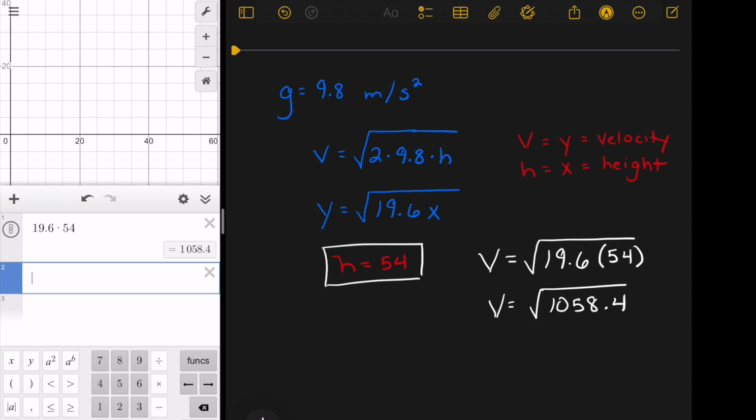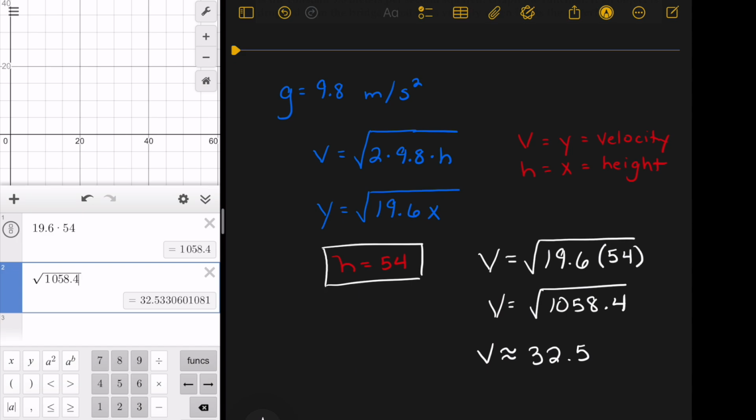And what is the square root of 1058.4? Well, let's put that in next. 1058.4 is about 32.533. So we'll say the velocity is approximately, let's go ahead and round this to the nearest tenth, 32.5.